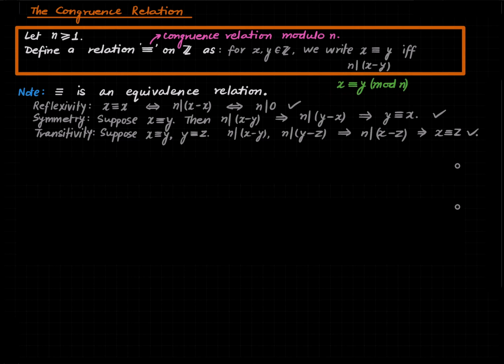And how do we read it? x congruent to y modulo n, or mod n. Or you can also read x equals y modulo n. x may be very, very different from y. x may be 1, y may be 876. Still, you can say they are equal from the point of view of n.